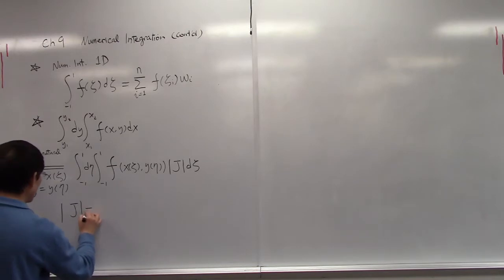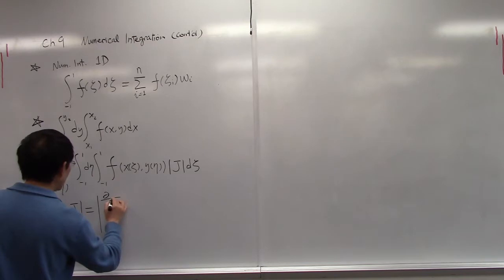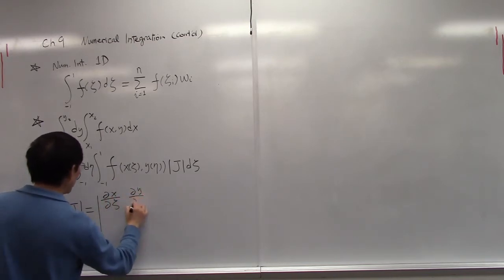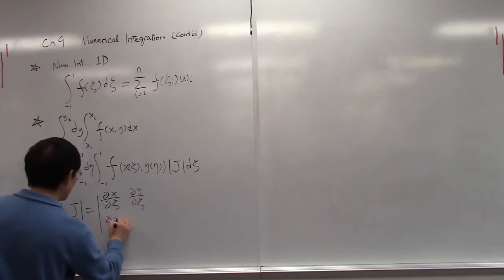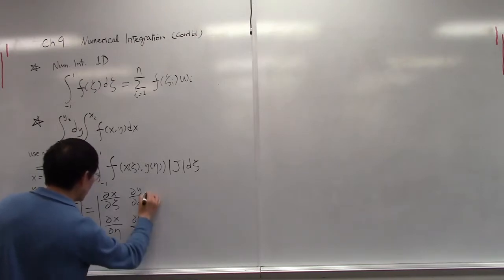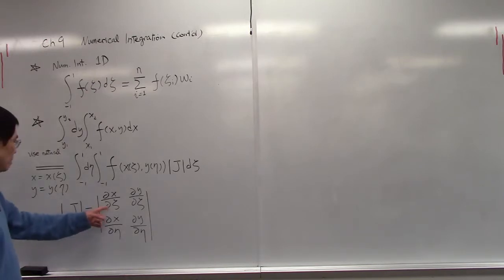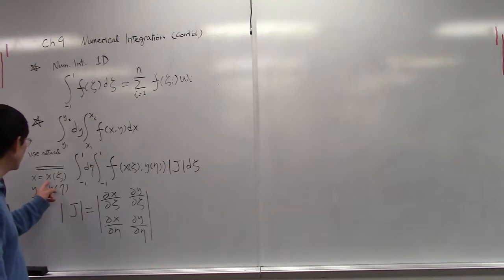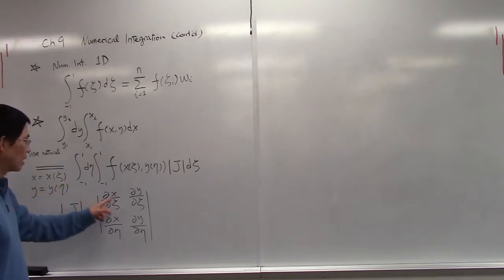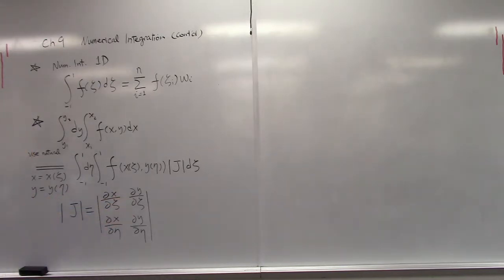The Jacobian is the determinant of this expression. Partial x, partial theta, partial y, partial theta. Here partial x, partial eta, and then partial y, partial eta. This is a 2 by 2 Jacobian. Okay? So once you know the functional form of x, depending on theta, you can calculate that, and then similarly you can calculate the others, like that.